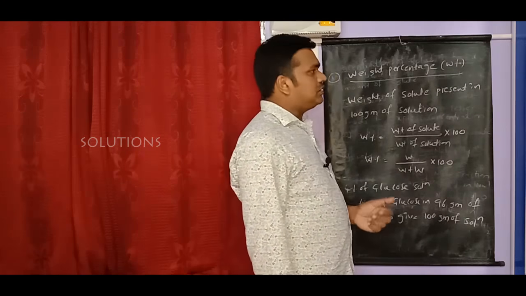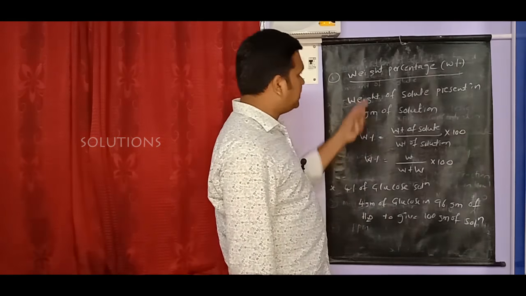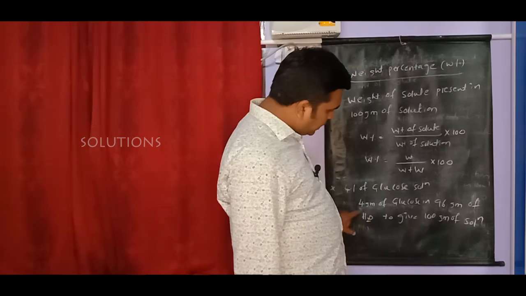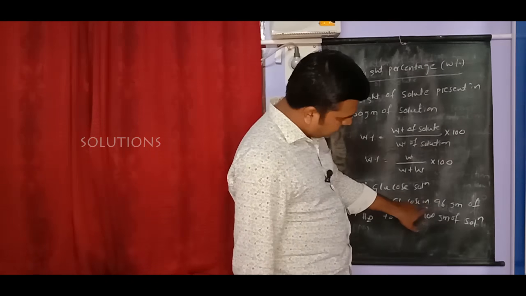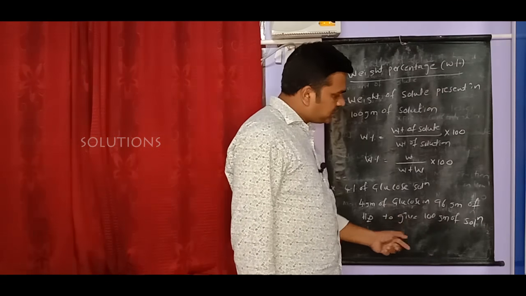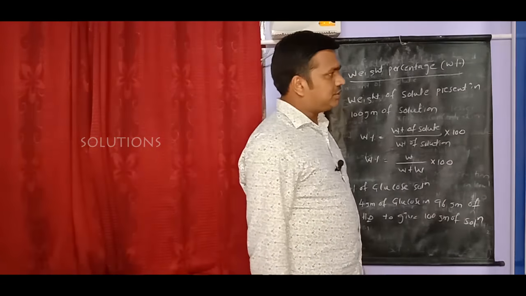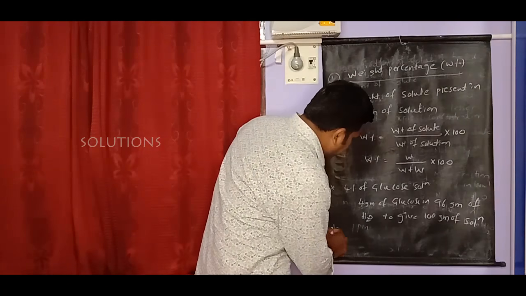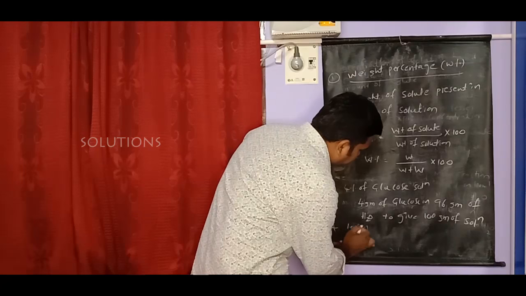Let us see one example here. 4% of glucose solution. The percentage, you can imagine, is what percent? Weight percent. How can you express this one? 4 grams of glucose is dissolved in 96 grams of water, to give how much solution? 100 grams of the solution. So the total percent is how much here? 100% only. Come to the next example. Suppose imagine 10%.